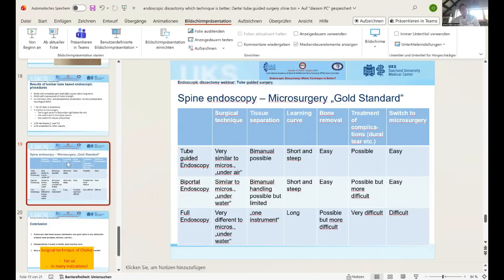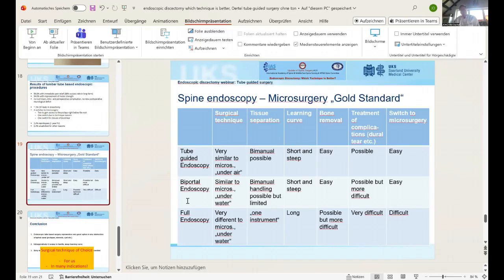So in comparison with the other techniques, I think biportal is very similar. The handling is a little bit more difficult underwater, and I personally have a problem when you have complications like dural tears and everything. I think it's easier to treat this under air condition. Otherwise, it's quite similar.